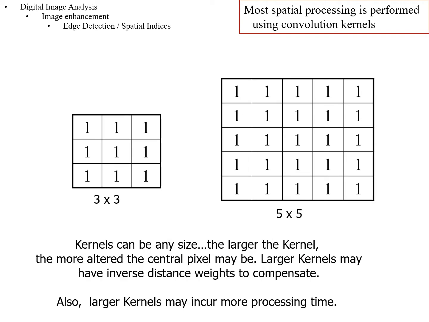Kernels can be any size. The larger the kernel, the more altered that central pixel is going to be. Larger kernels may have inverse distance weights to compensate. For instance, the cubic convolution registration approach that we talked about earlier uses a 4 by 4 matrix, but the values near the center are higher than the ones at the edges.